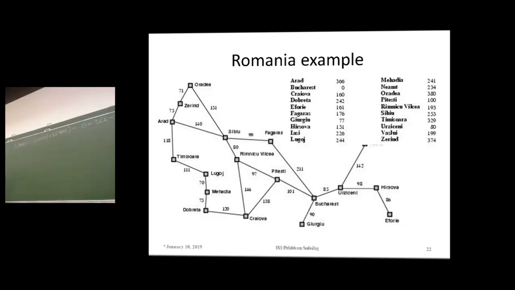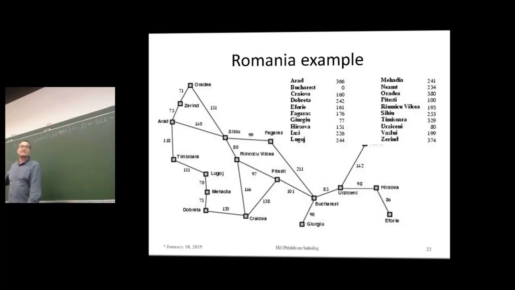So we have that in our fringe, and we know the value f for this. So if we have now Arad, we can look at all the children it has, and that would be Zerind, Sibiu, and the one I shouldn't try to pronounce, Timisoara or something like this.